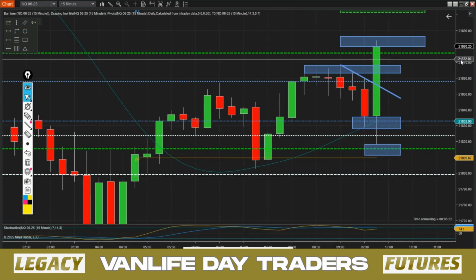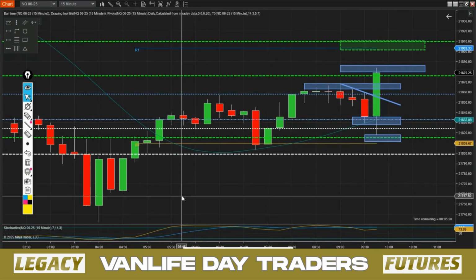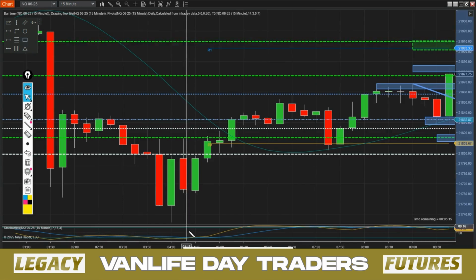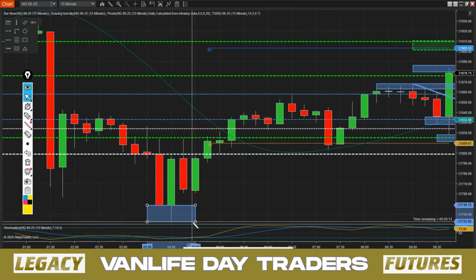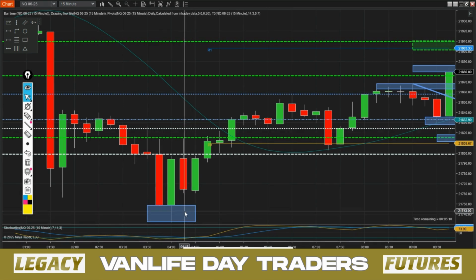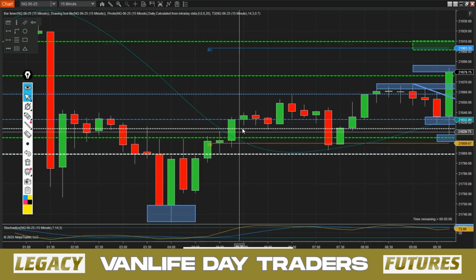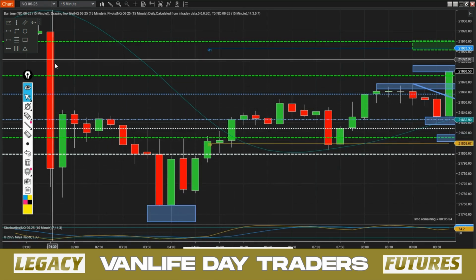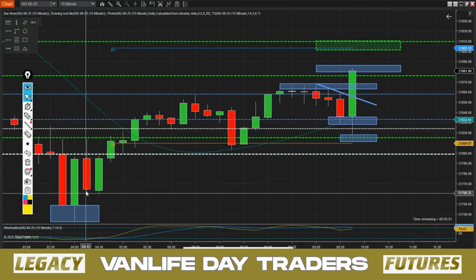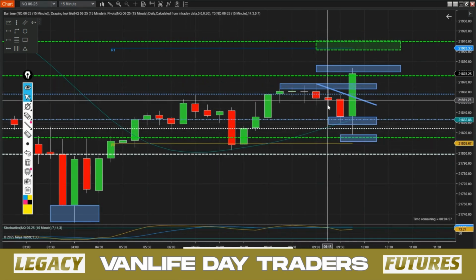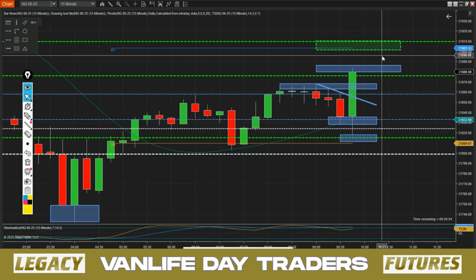It has everything, like the legacy futures trading strategy. We have market bouncing off a big support zone, support target zone, fib, market bouncing, moving really nicely to the upside. Okay, push to the upside, retracement, push to the upside, retracement, continuation to the upside.